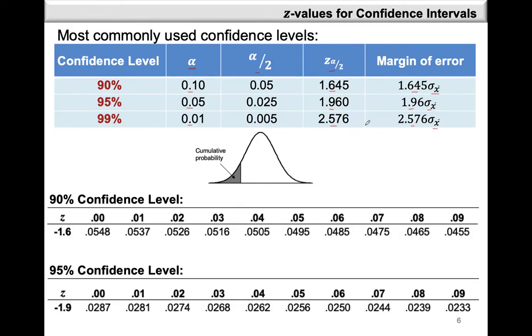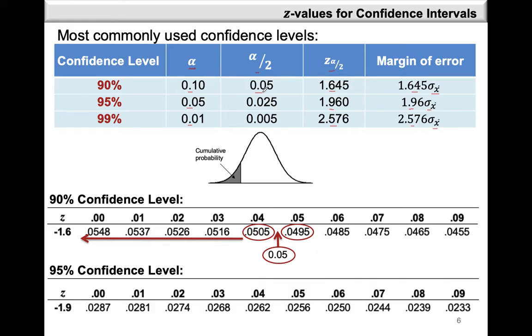So we're able to get these Z values from our tables, and we can take a look at how to get the 90% and the 95% confidence level Z values. So for the 90%, we're going to look for the probability 0.05 in our Z tables, and we find that 0.05 is between 0.0505 and 0.0495.